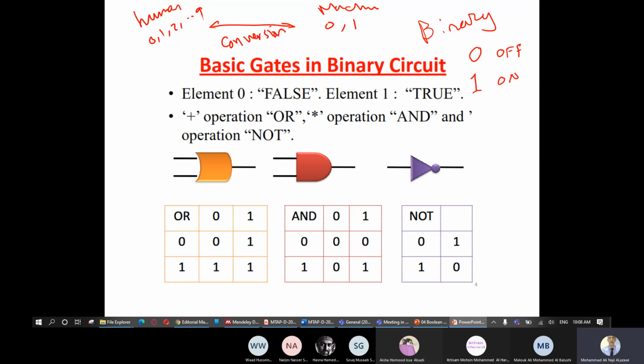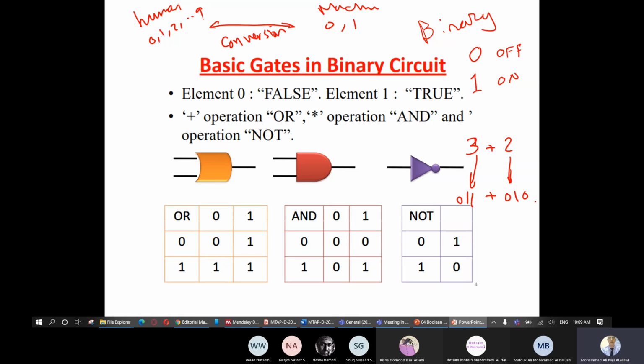That's why we studied the conversion between them. If I want to perform, for example, 3 plus 2, as a human I understand this, but the machine doesn't. I have to convert 3 into binary, which is 0, 1, 1, and convert 2 to binary, which is 0, 1, 0.